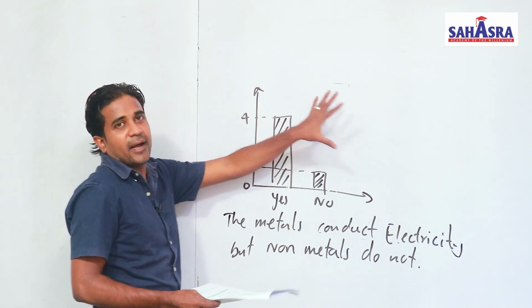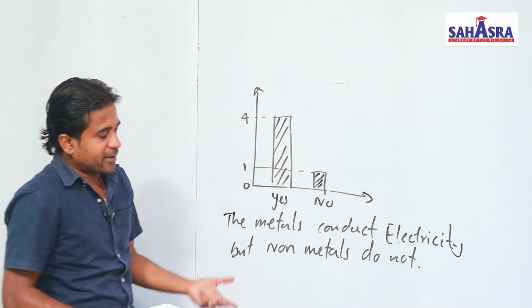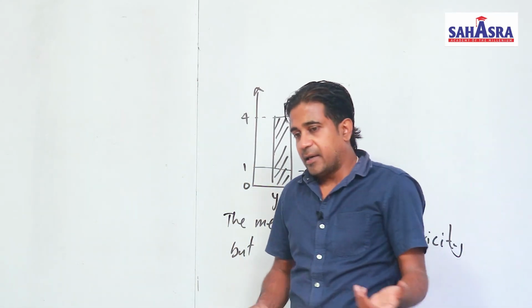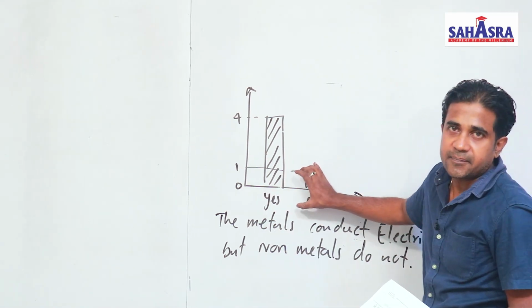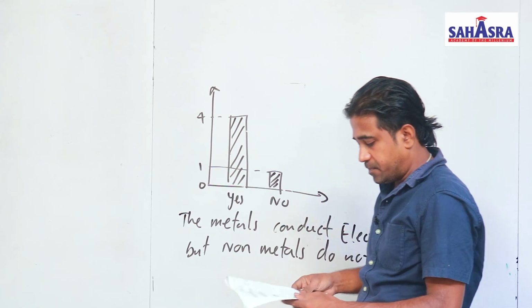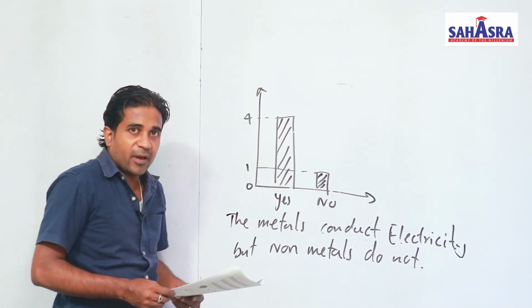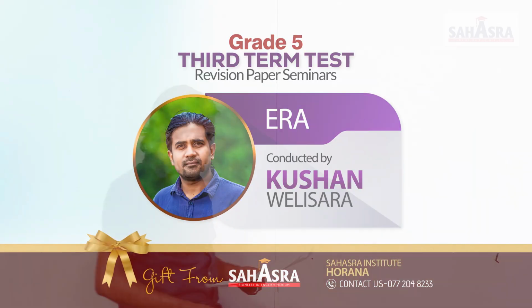Every metal conducts electricity, but non-metals like plastic, rubber, wood, clothes, glass, they do not conduct electricity. Only the metal. So that is the end of question number 2. Then we are moving to question number 3.